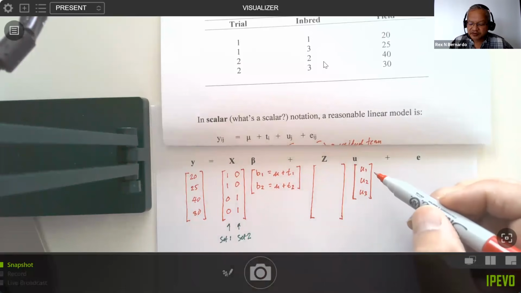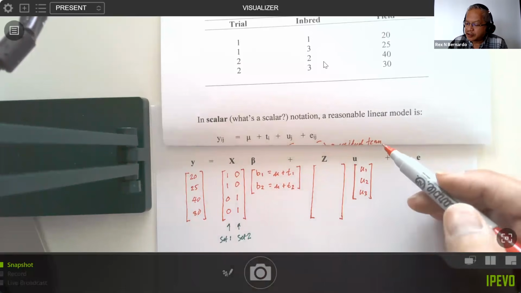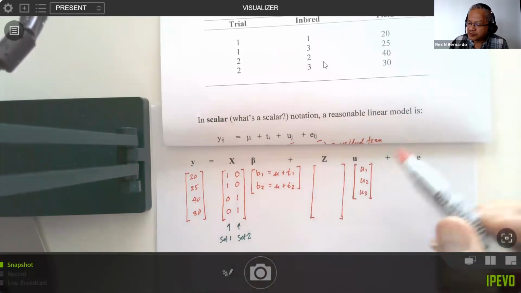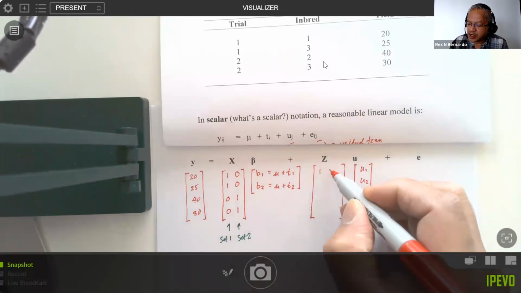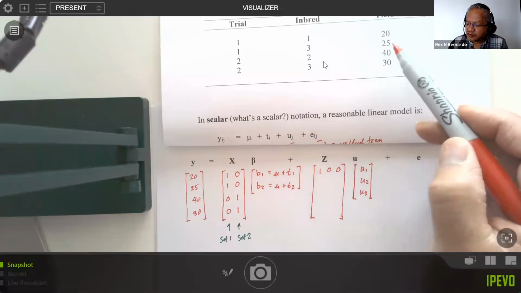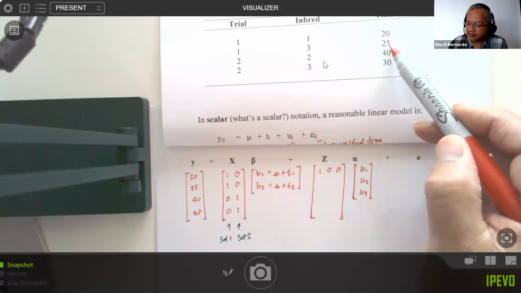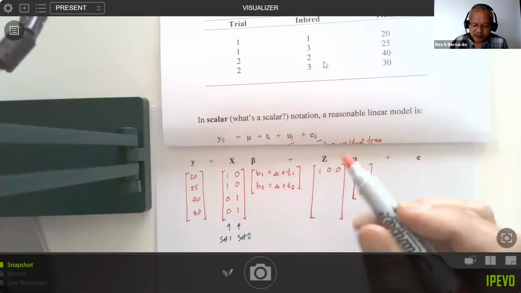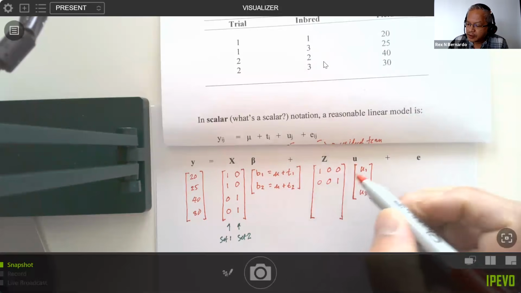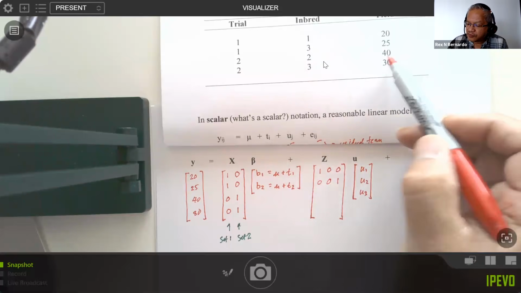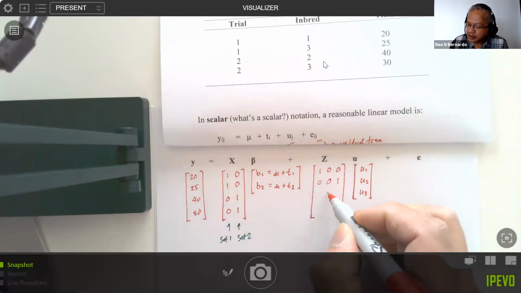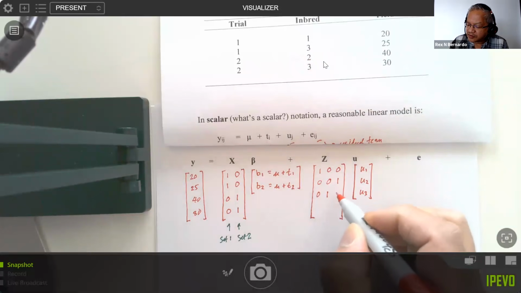And so the first observation of 20 was for inbred 1, so therefore that is 1, 0, 0. The second observation of 25 was for inbred 3, so we write here 0, 0, 1. And then 40 was for inbred 2, so therefore we put a 1 in the second column and zeros in the rest.